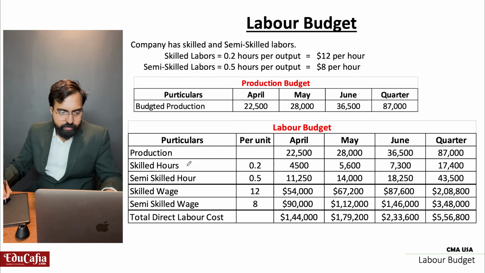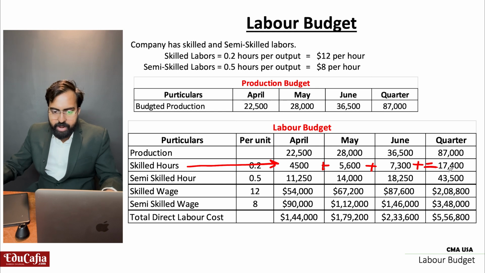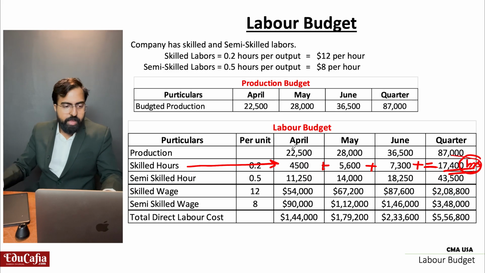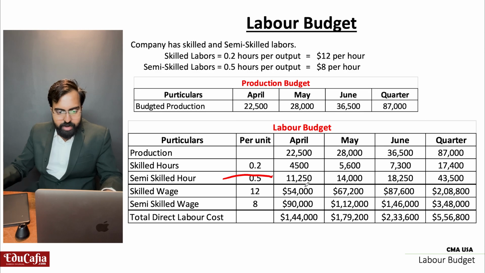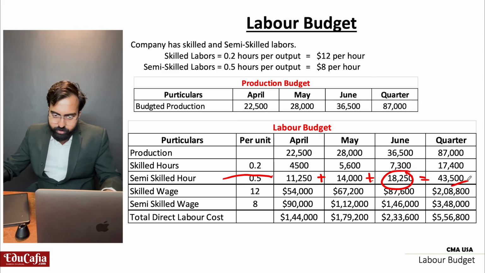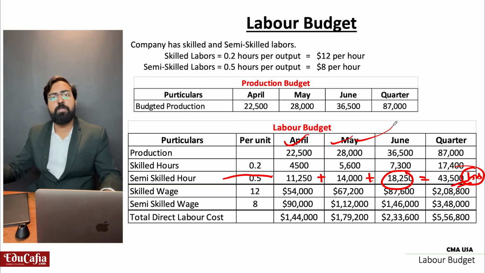So the skilled labor takes 4,500 plus 5,600 plus 7,300, equal to 17,400 hours in 3 months. The semi-skilled laborers: 11,250 plus 14,000 plus 18,250 is equal to 43,500 hours in these 3 months.